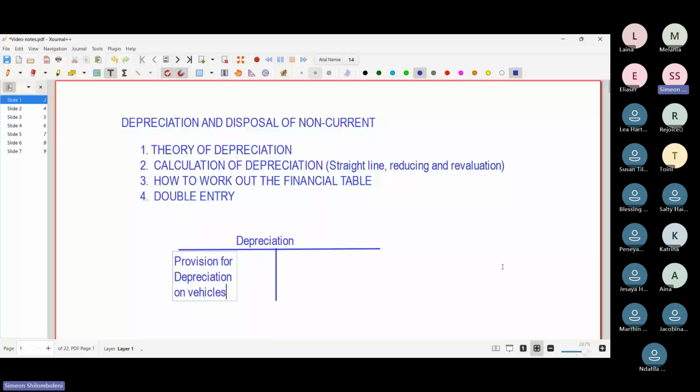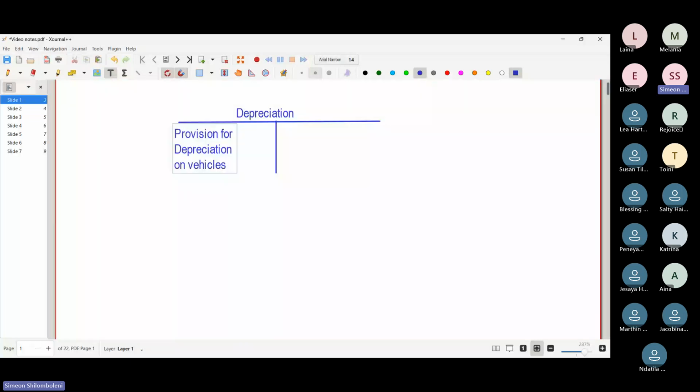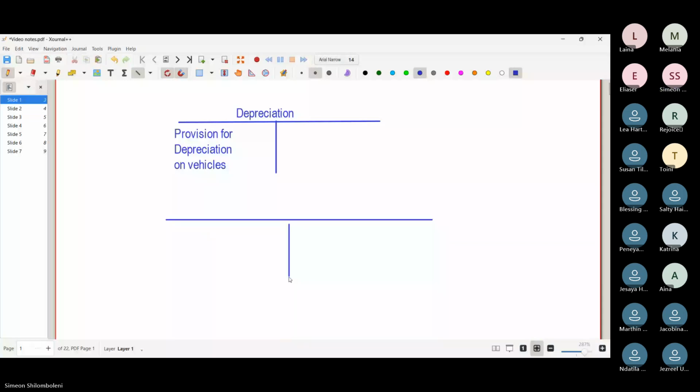automatically I expect you to know that if the depreciation account is debited, the contra entry that needs to be recorded should be what? Who can tell me what the contra entry should be? What should be the contra entry here?